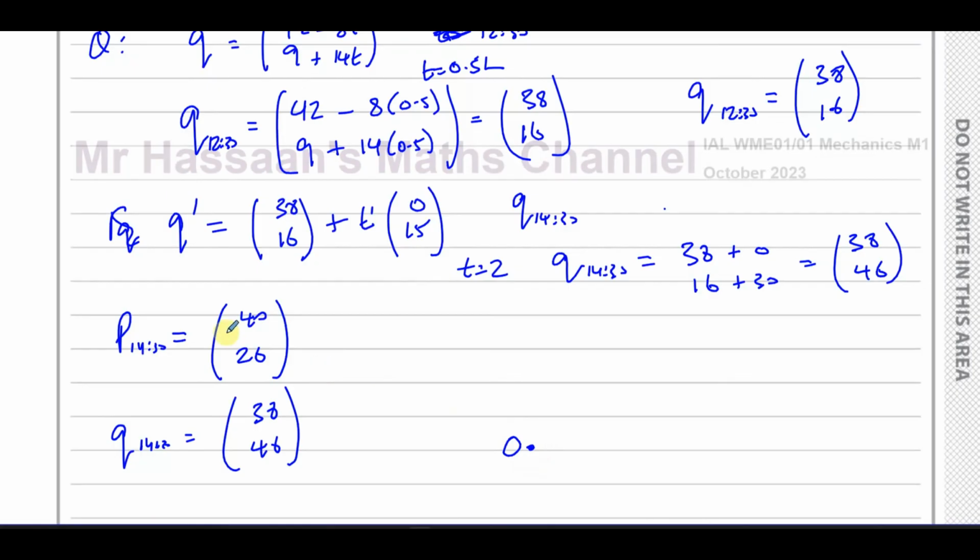The vector P is 40, 26, somewhere over there. So that's P. And vector Q from here is 38, a bit less, 46, a bit more. That's Q. So this is the vector OP. This is the vector OQ. This is a vector P, and this is a vector Q.